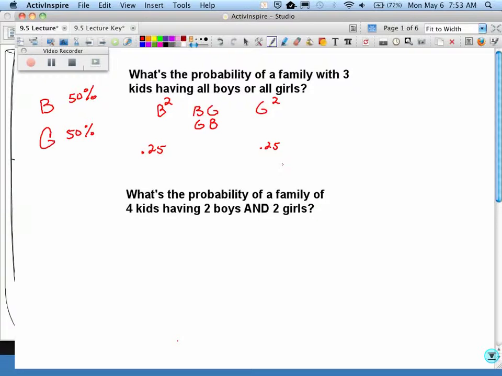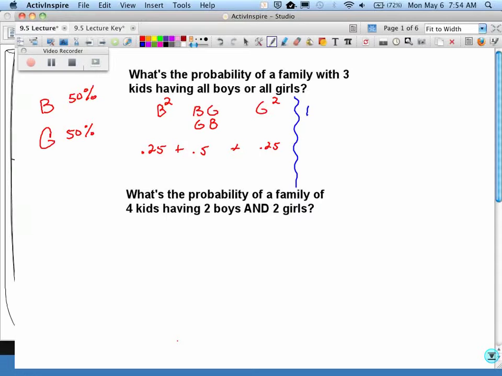And girl times boy? Also 0.25, so when you add those up you have 0.5. So in a situation where there are only 2 kids in the family, those are all the different possibilities. Right?